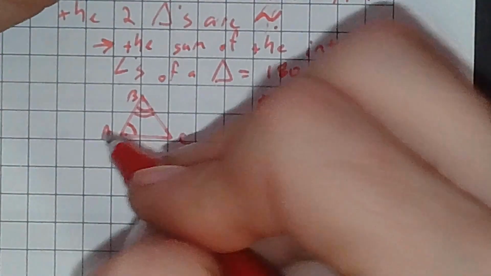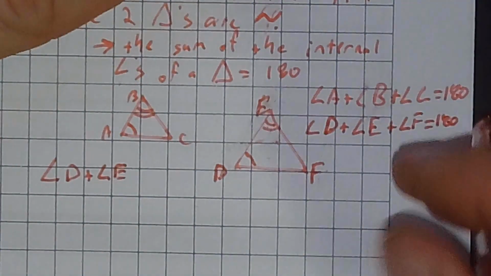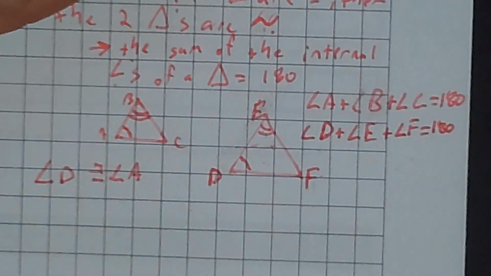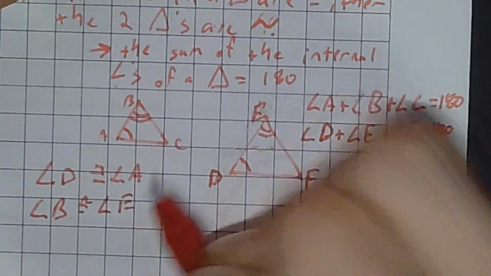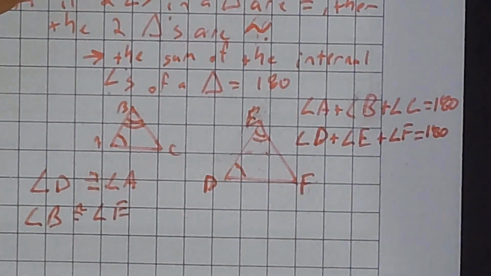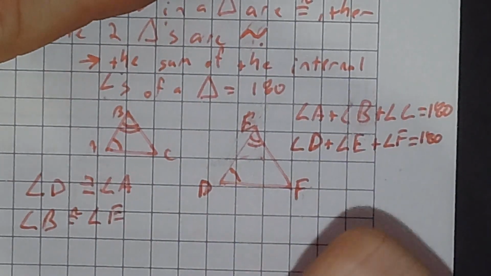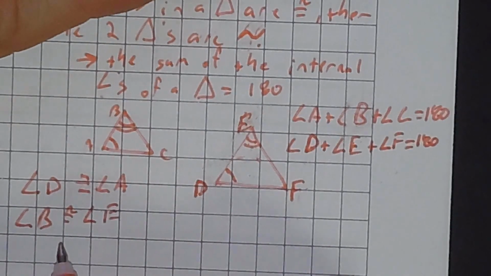Okay, I'll just say that angle D is congruent to angle A, and angle E is congruent to angle B. Right, so now I can do some substitution. How do I want to do this?